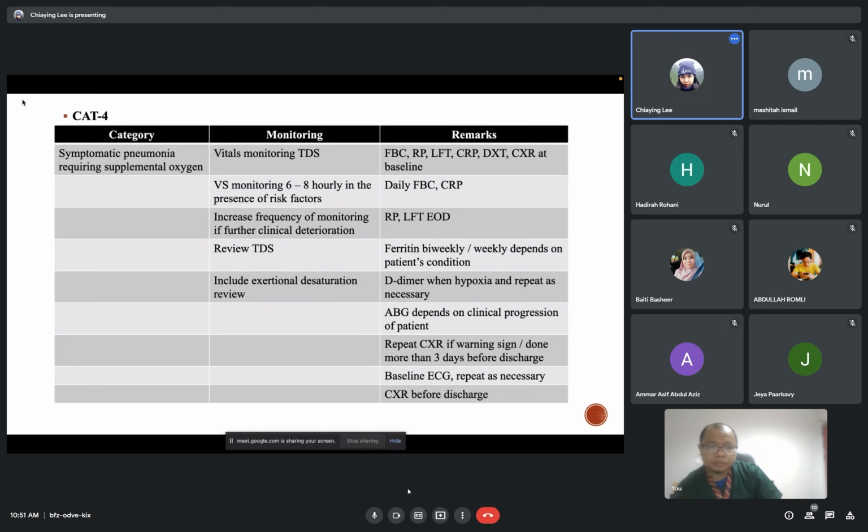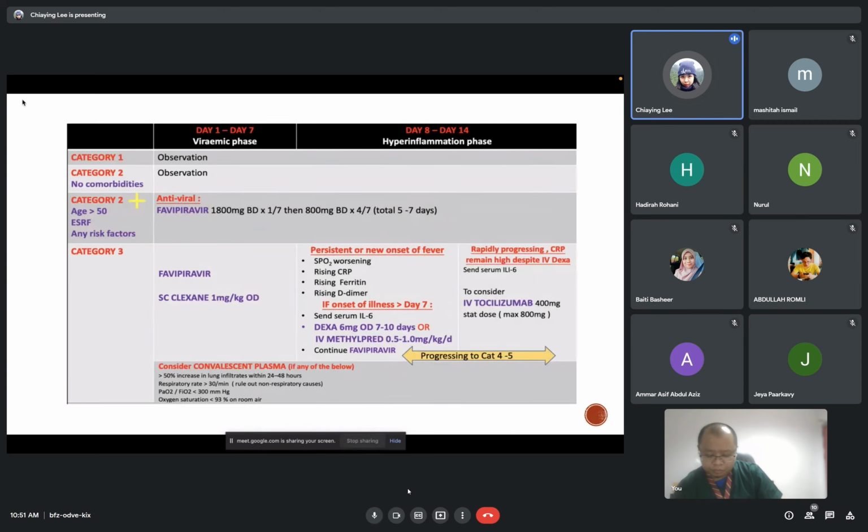Okay. So here's a summary for management of patients for category 1 to 5. For Cat 1 and Cat 2, if they are stable with no comorbids, we just observe. And Cat 2 with high risk, here we don't practice this, but can give antiviral.